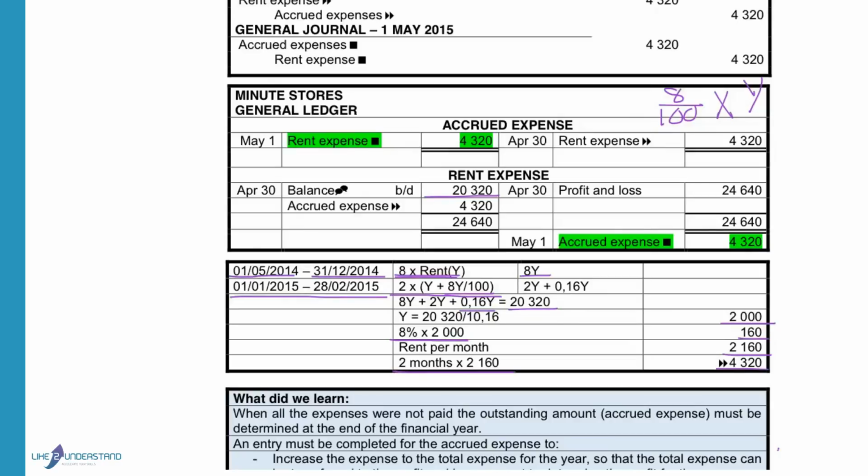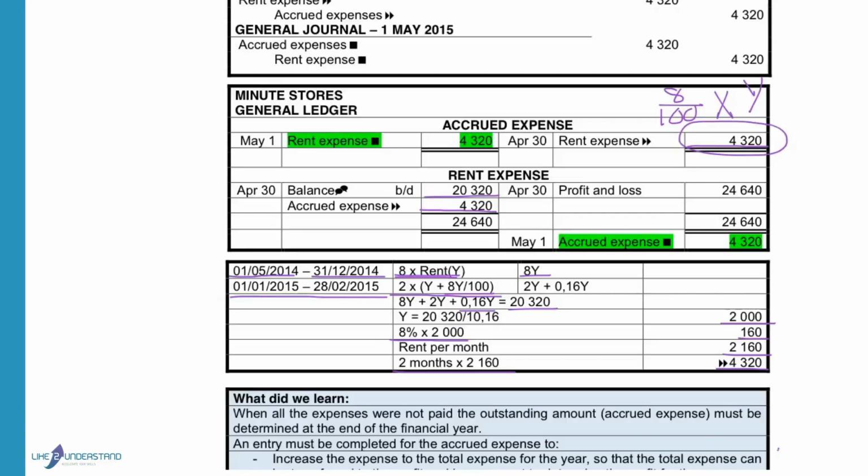I have to adjust my expense account and show that this rent expense must increase with 4,320, so that I will have the total amount in my expense account. Rent is an expense that was not paid in time, so it means I will credit accrued expense with 4,320. I create a liability to show that we owe this money at the end of the financial year.